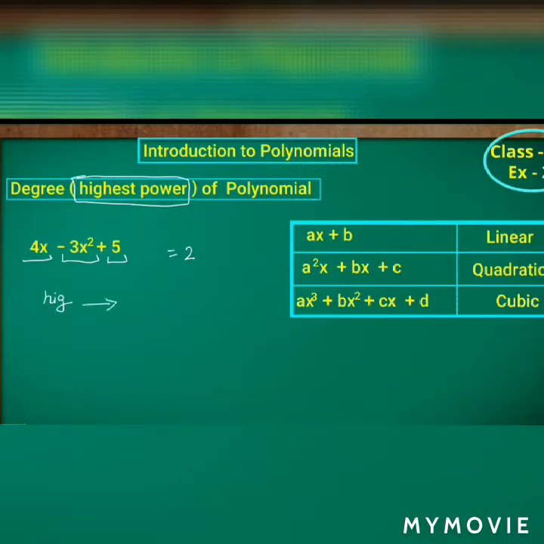So as I told just before, it should be arranged in terms of highest degree to least degree, isn't it? So how can we write this equation? That is minus 3x square plus 4x plus 5, isn't it? Since in minus 3x square, x is having the highest power here, minus 3x square plus 4x plus 5. So whatever the expression it is, we have to arrange the degrees from the highest degree to the least one.